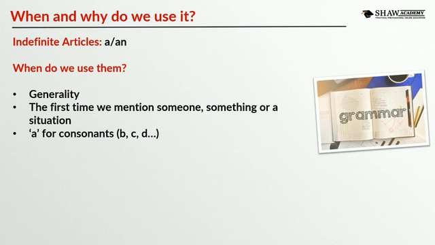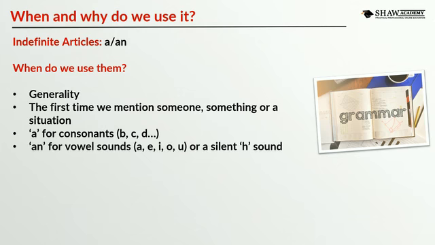And of course, the difference between the two, we know that we use a for consonants and we use an for vowel sounds, okay? So remember guys, it's not just before vowels, it's all about the sound. We use it before vowel sounds, okay?